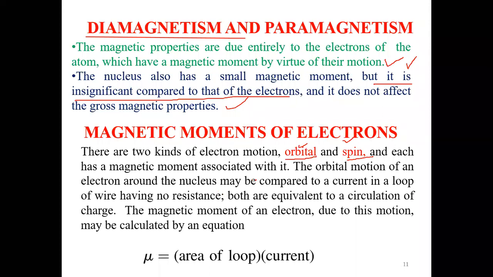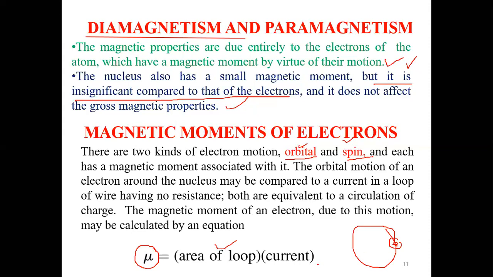So both of these are equivalent to circulation of charge. The magnetic moment mu of an electron due to this motion is calculated as the area of the orbit multiplied by the current.